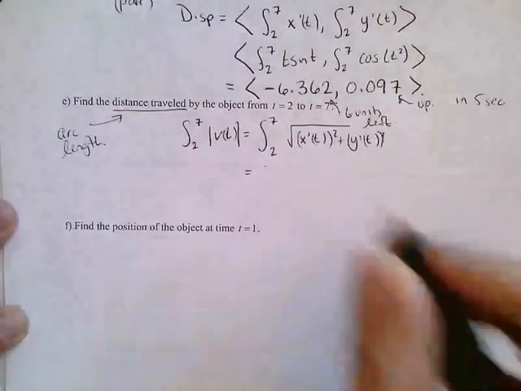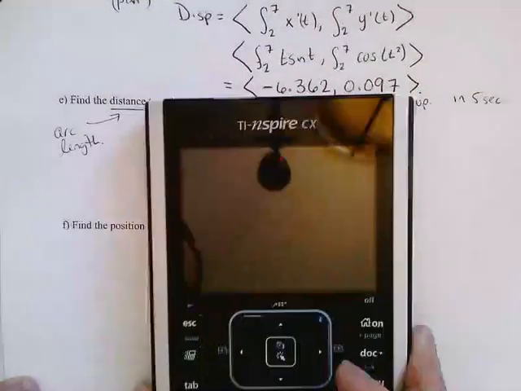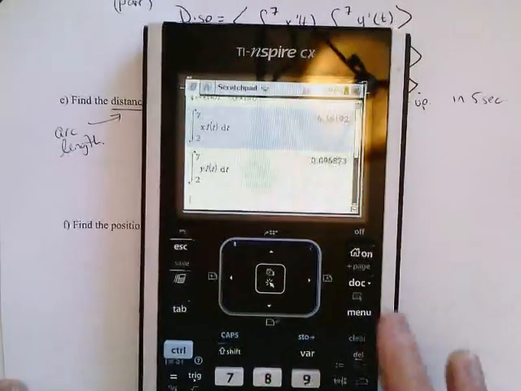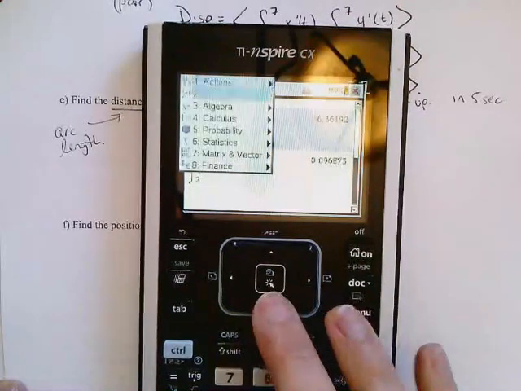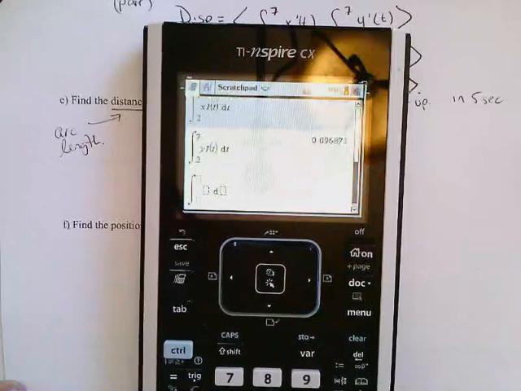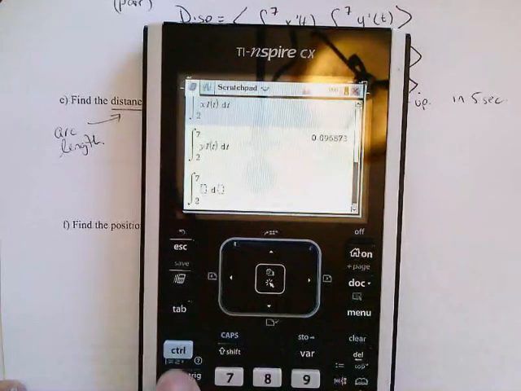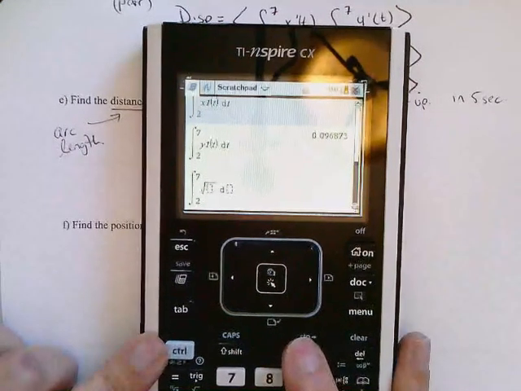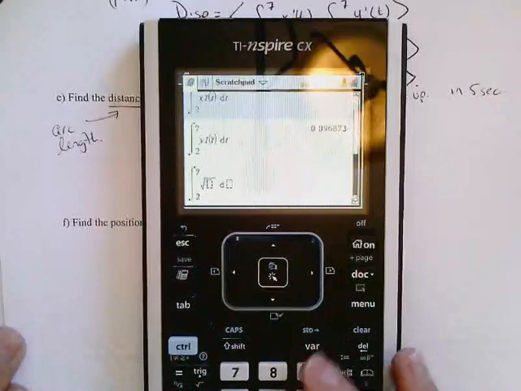And again, I'm going to use my calculator for this whole entire thing. So I'm going to integrate: menu, calculus, integral from 2 to 7 of the square root. And you see why it's so important to store those functions at the beginning.